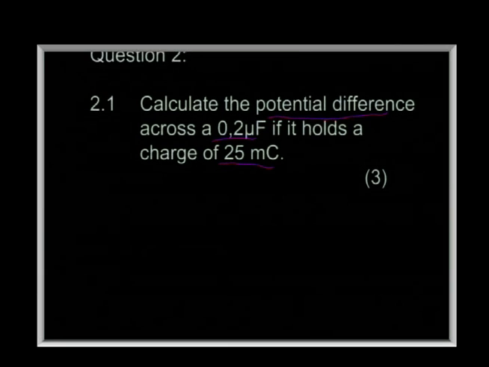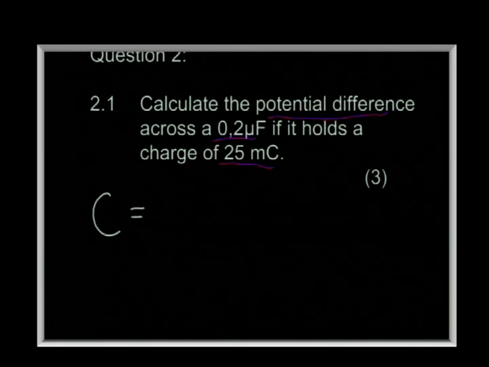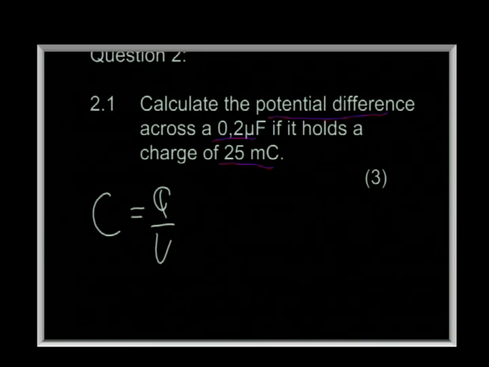So which equation are you going to use? Think about it. If you got it, well, what are the options? I think the best option we're going to do is we're going to say C is equal to Q divided by V.